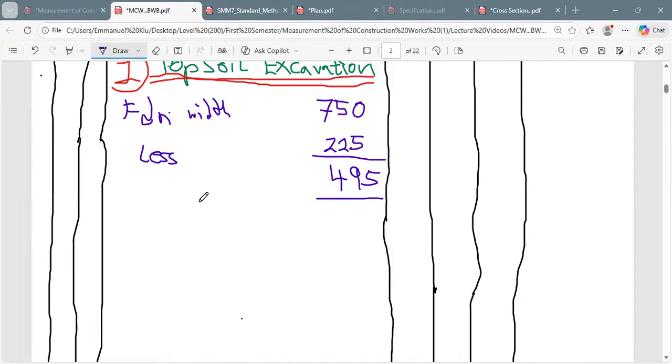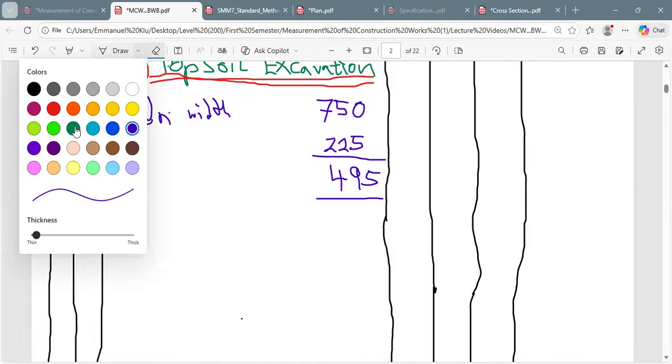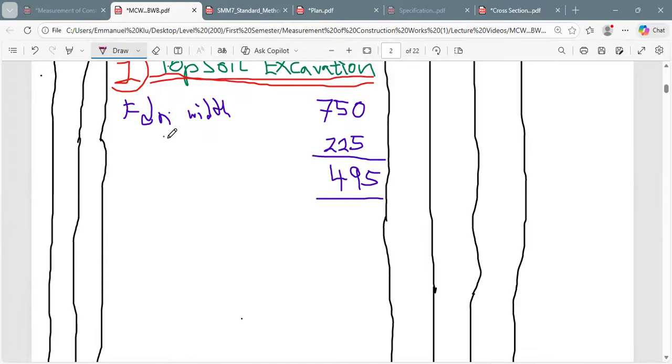Look at how I'm going to do it. The less here is a different symbol with a different meaning, so I want to use a different color pen. If I say less, it's an operation. Then we have to divide this by 2, as there are 2 sides.